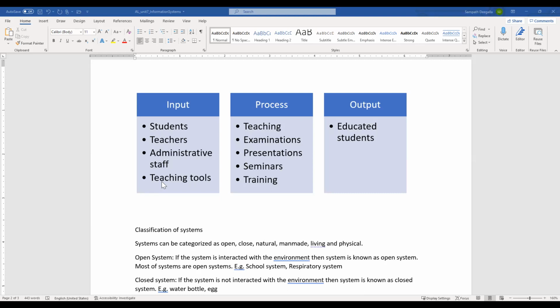Now, the next thing that we have discussed is the types of systems that we can identify. When it comes to systems at different levels, we can classify them as open and closed, natural and man-made, or living and physical.